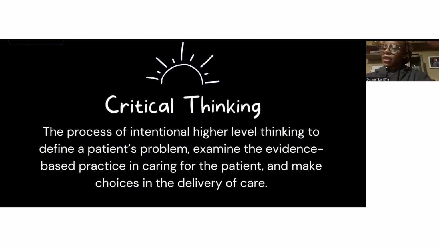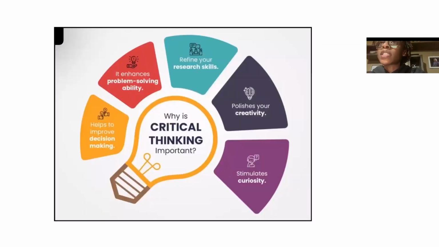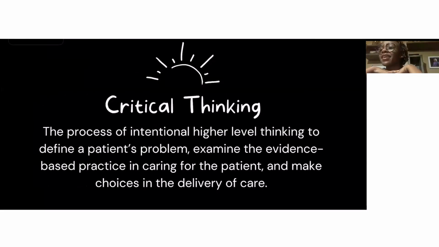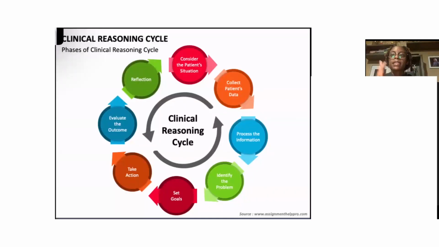So someone is asking about an elaboration on the clinical reasoning on a patient with DKA. Basically, I think, let me just open that clinical cycle. So basically, it's just consider your patient's situation again. In this case, you've been brought in a diabetic 40-year-old patient. So that is what you have.